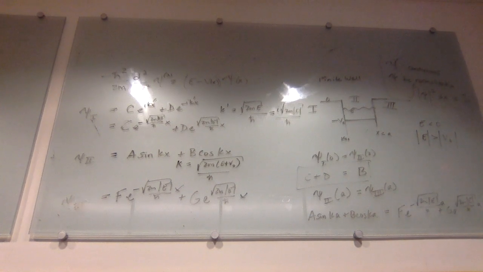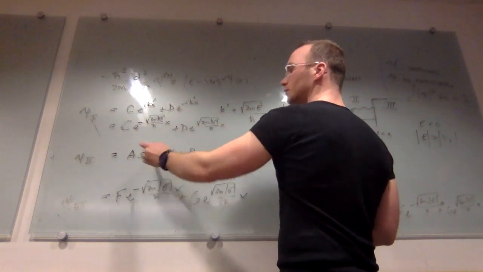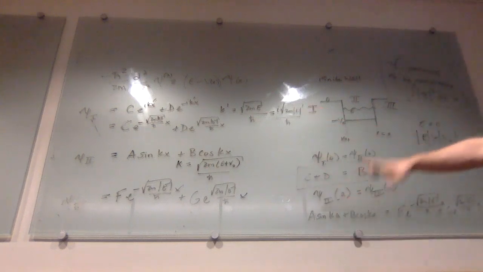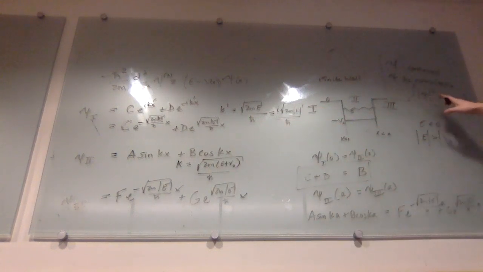What do you think we should conclude from this? You three. They don't know who you are on camera, so that's... So what do you think of all these? So we have 3 solutions, right? What do you think we could say about any of these solutions based on the fact that psi has to be normalizable?